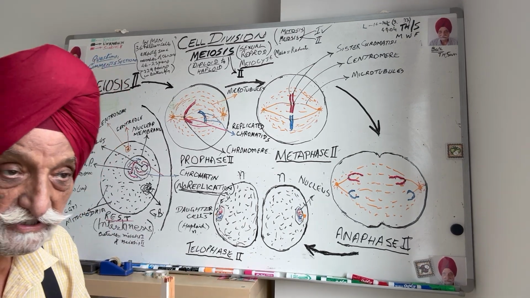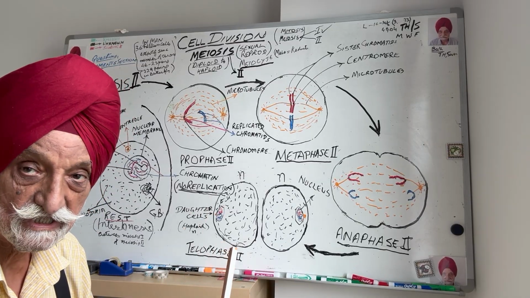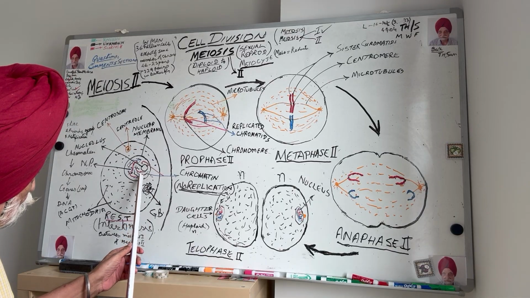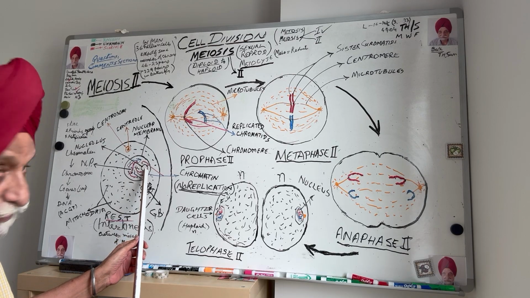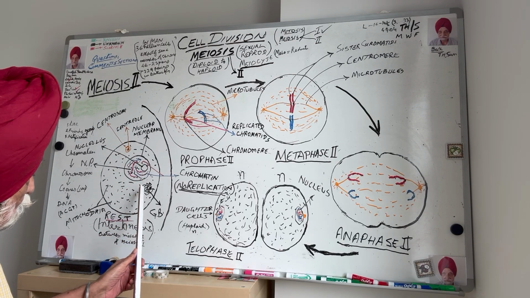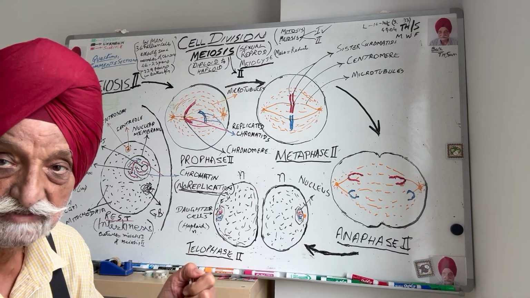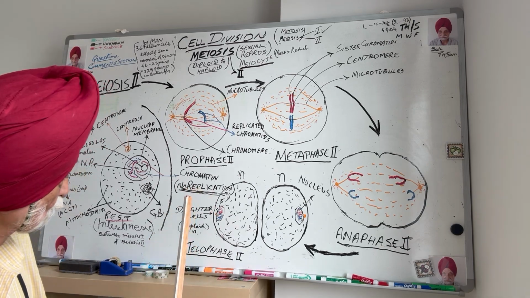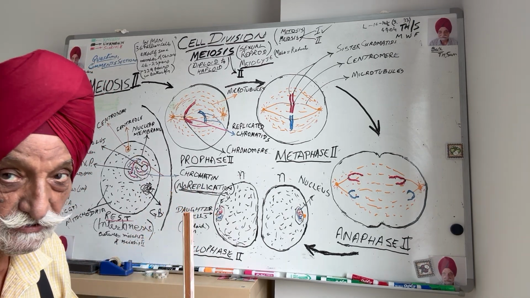Now, during this growth period, a complete cell is formed, with the chromosomes, the nuclear membrane, the nucleus, the centrosome, the Golgi body, and other cell organelles. In some cases, it is possible that chromosomes do not change into chromatin.